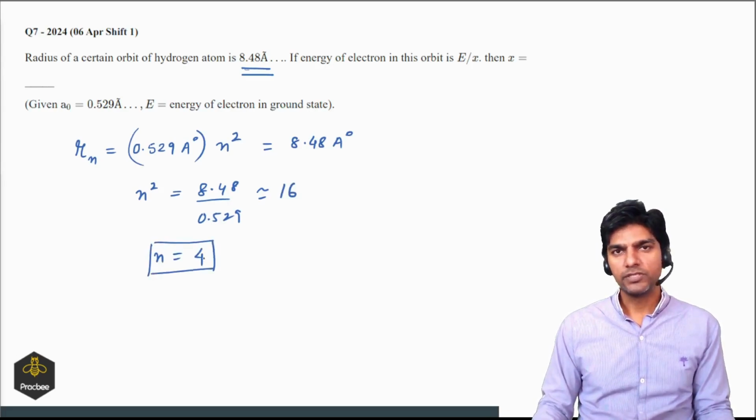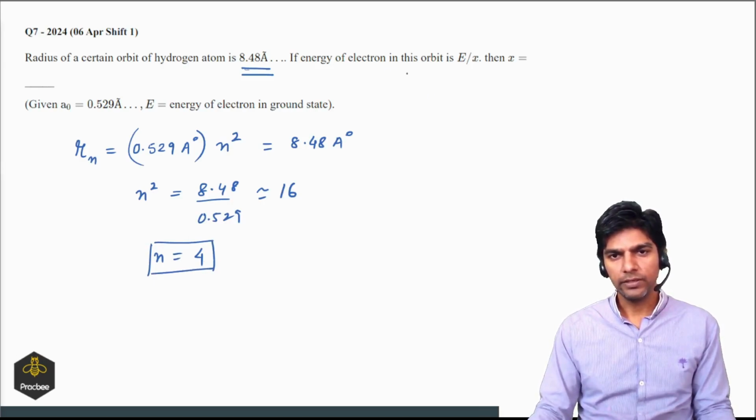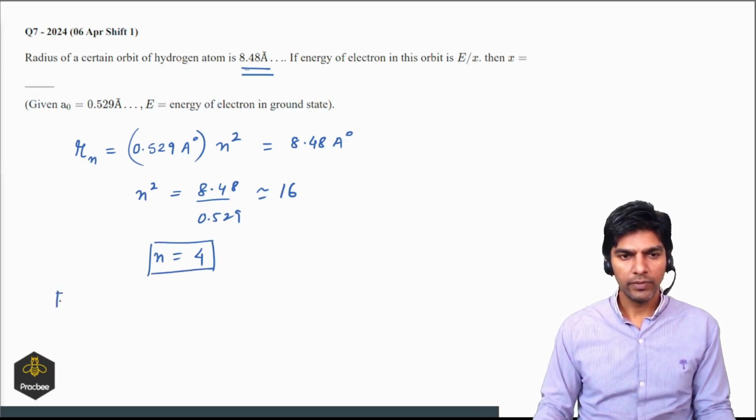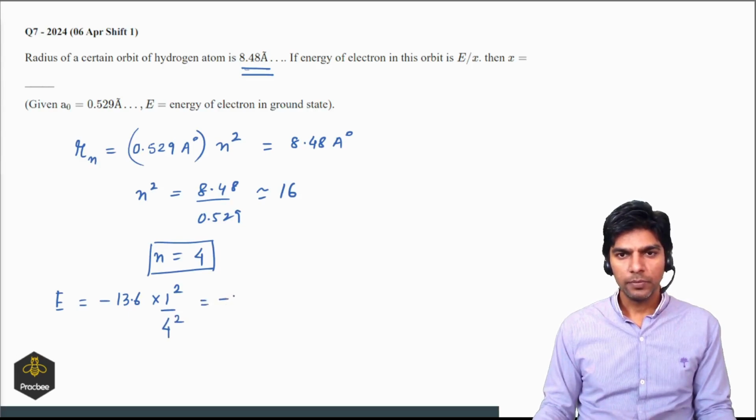Now we have the principal quantum number, and we have to find the energy. We know that the mechanical energy is given as minus 13.6 times Z square by n square. Z will be 1, and n for the fourth orbit will be 4 only. So it comes out to be minus 13.6 divided by 16. Let me write this as E4.